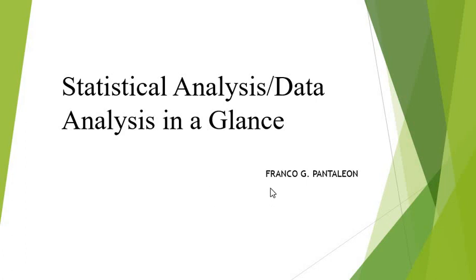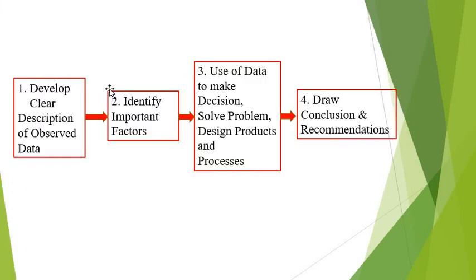In this video, we will take up statistical analysis or data analysis in a class. These are the steps that are usually involved when it comes to making statistical analysis or data analysis. The first thing that you need to do is, one, develop a clear description of the observed data.